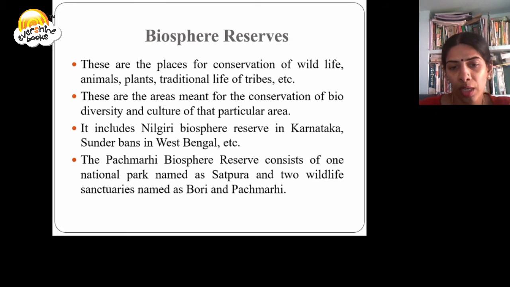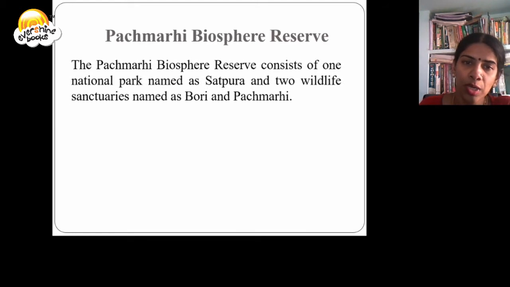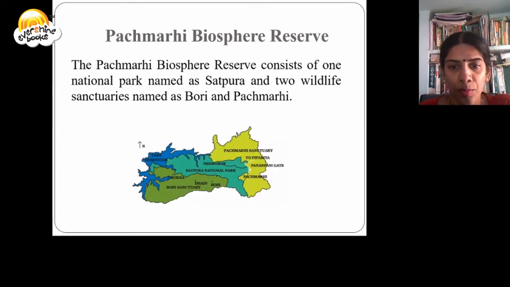The Pachmarhi Biosphere Reserve consists of one national park named Satpura and two wildlife sanctuaries named Bori and Pachmarhi.